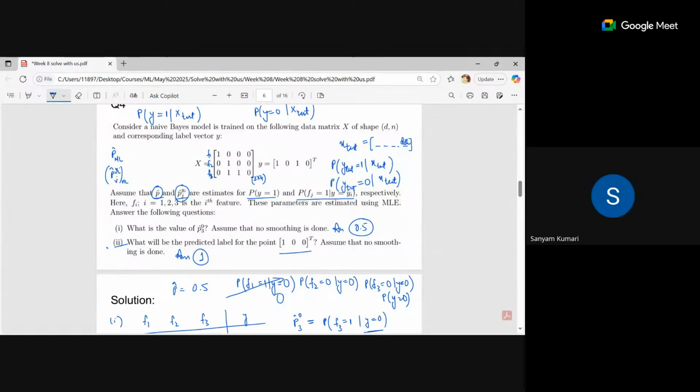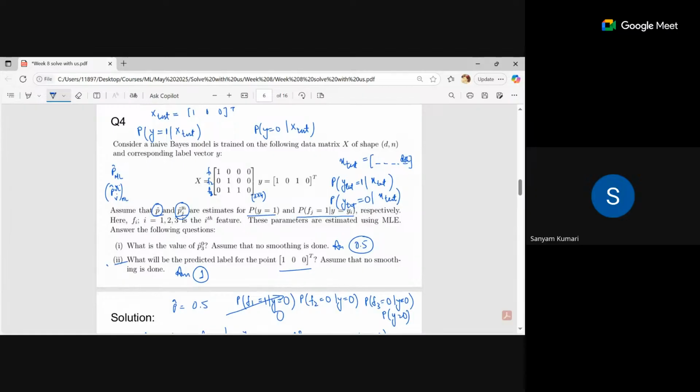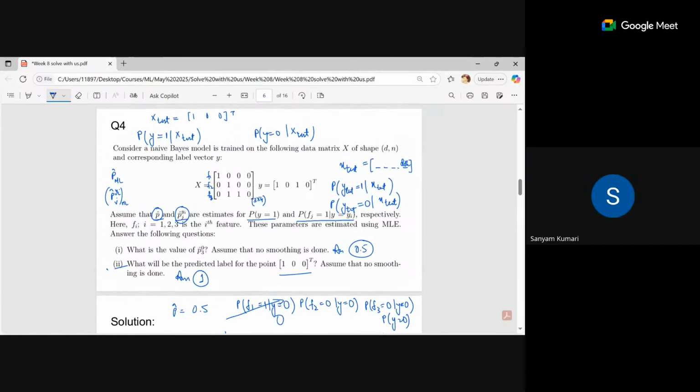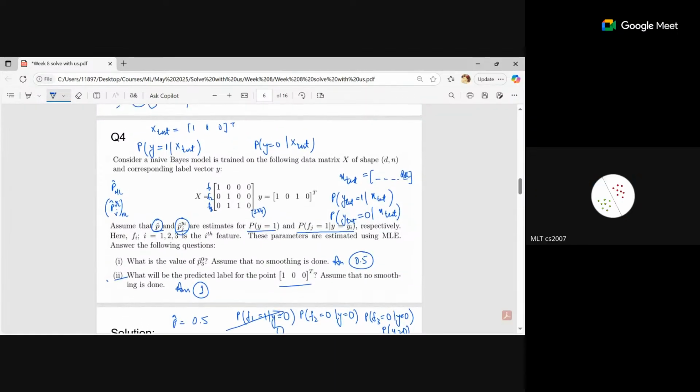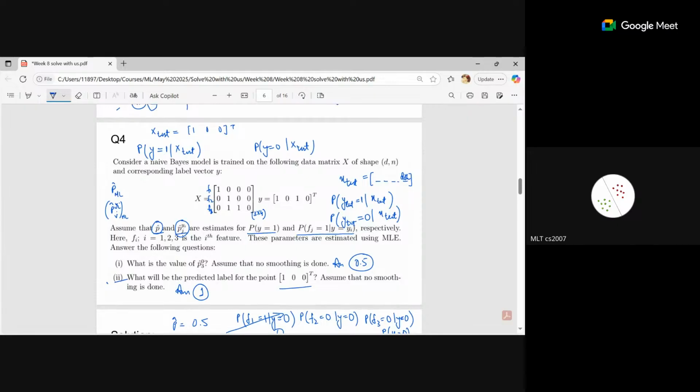Means we have only one data set, and for the same data set, we have two labels. Either it can be 0, or it can be 1. It can be, but okay, not really sure.